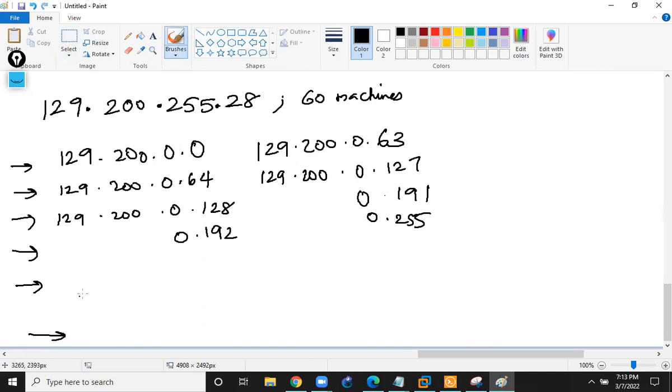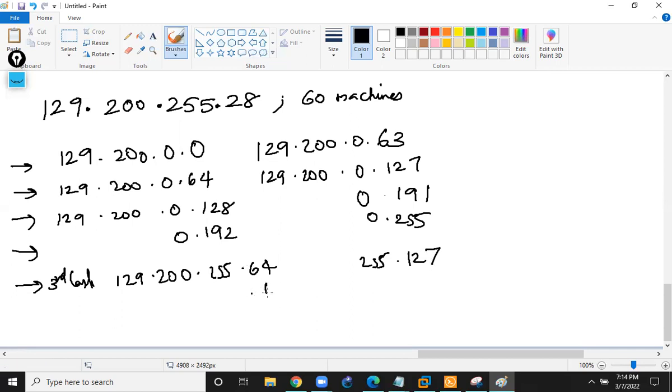Now, what about the last three subnets? 255.64 is the third last one, I suppose, right? Okay, then we'll go with the third last one, no issues. That is 129.200.255.64. Okay, and the broadcast is 129.200.255.127. And the next address is 255.128, and then 255.190.